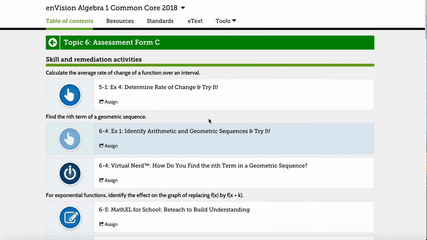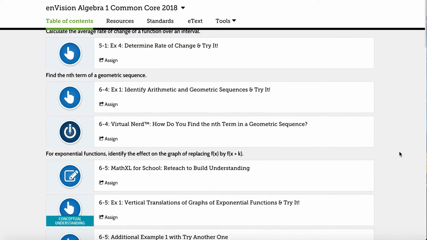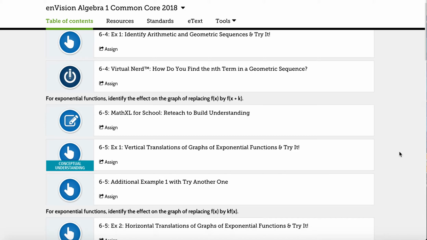I'm going briefly and talking a little fast so the video is not going to be long. You can go to Virtual Nerd to see how to find the nth term in a geometric sequence. But for exponential functions, identify the effect on the graph of replacing f(x) by f(x) + k.